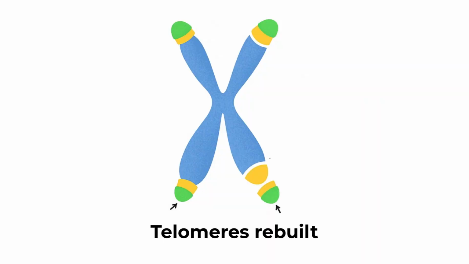What cancer cells can do is that instead of shortening this cap, they can actually start rebuilding it. So instead of shortening every time a cell divides, it will rebuild itself, and it will just keep going on and on. At this point, the cancer cells gain the ability to divide endlessly because they have overcome so many barriers.